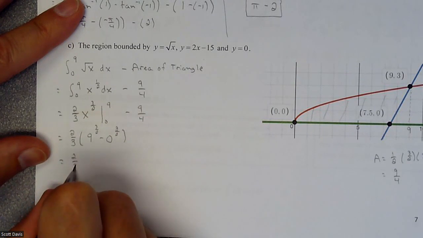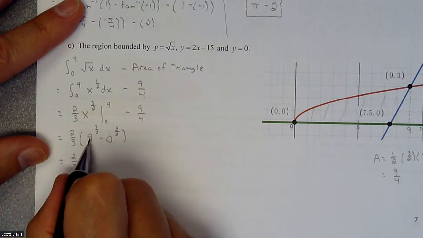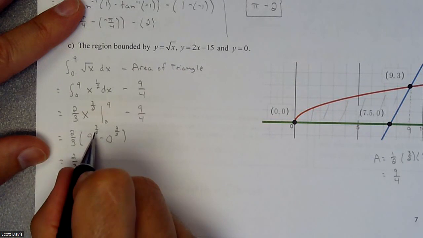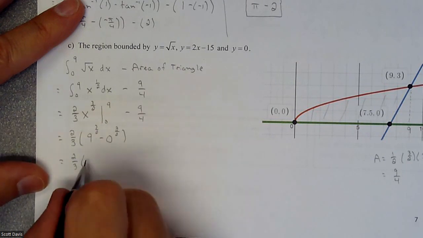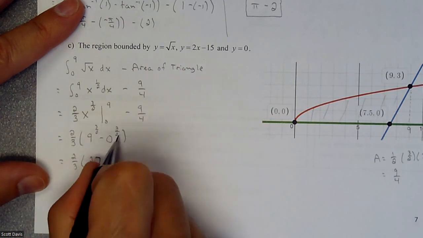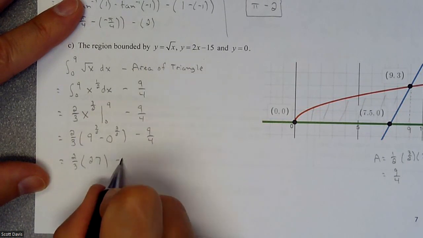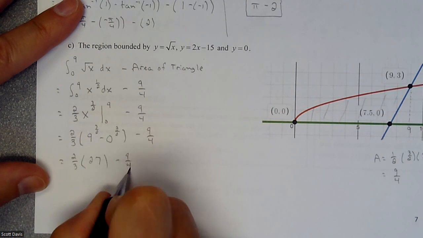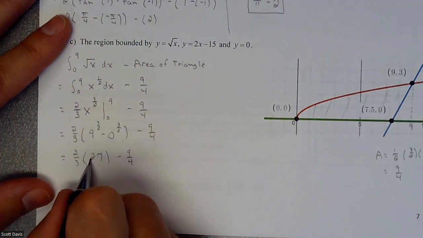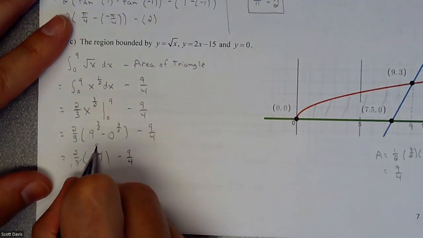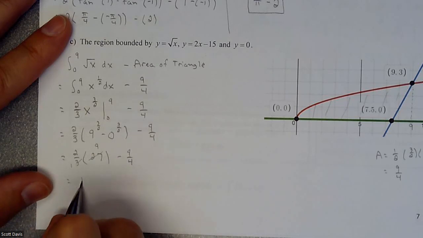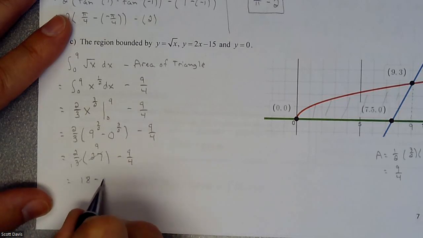So we've got a 2/3. So 9 to the 3/2 is us square rooting the 9 to 3 and then cubing it to 27. And then that goes away. Don't forget about subtracting your triangle. All right, and then that is going to simplify to just make it 18 minus 9/4.